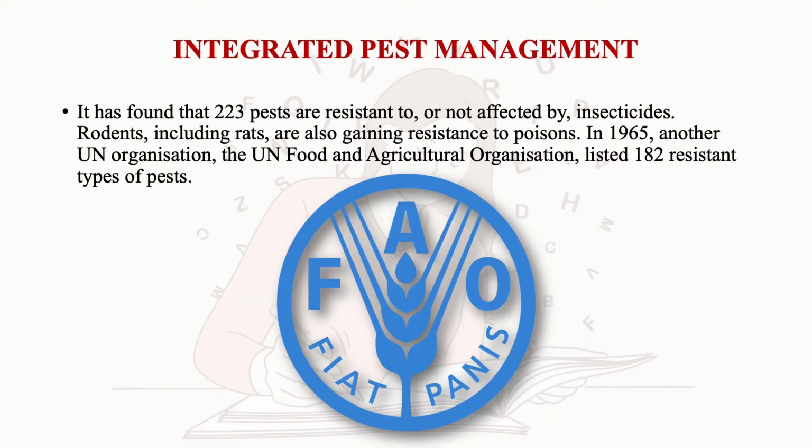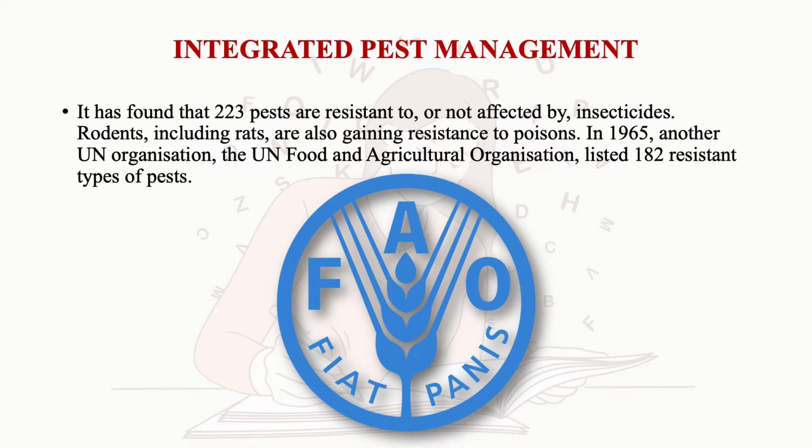It has found that 223 pests are resistant to or not affected by insecticides. Rodents, including rats, are also gaining resistance to poisons.